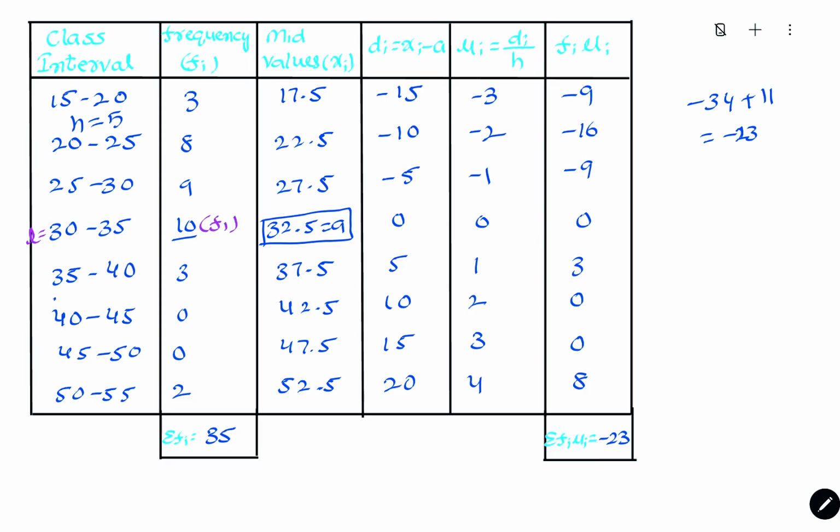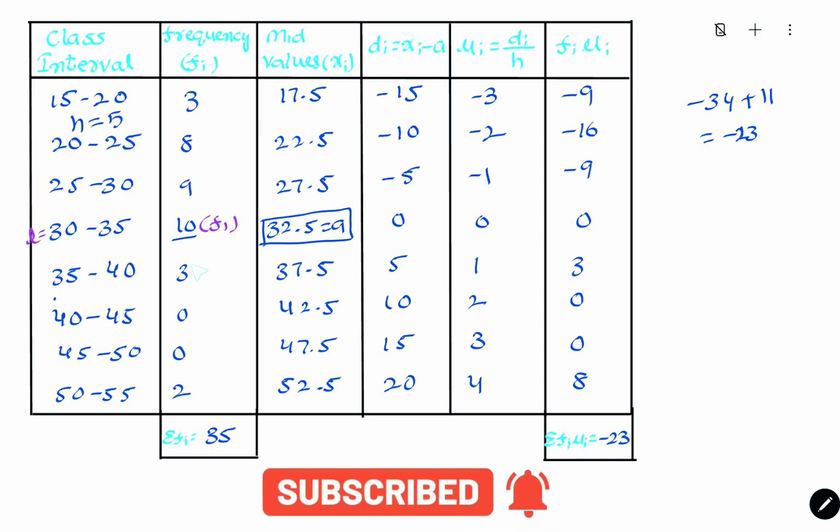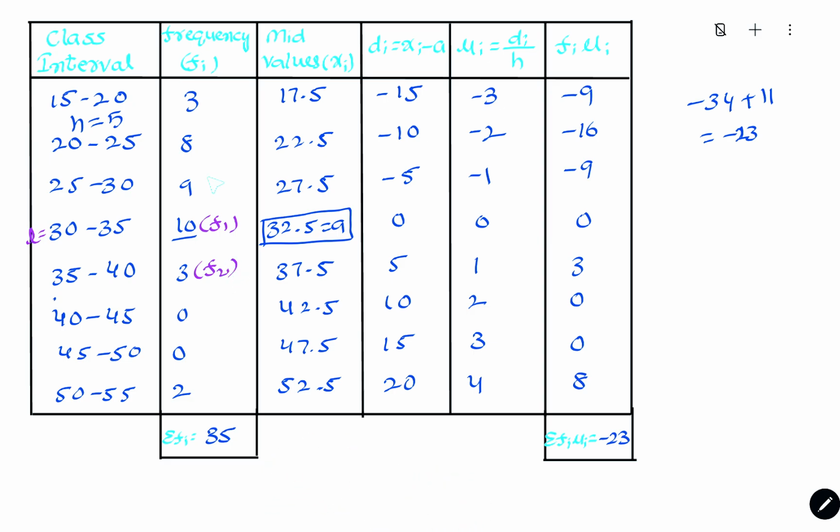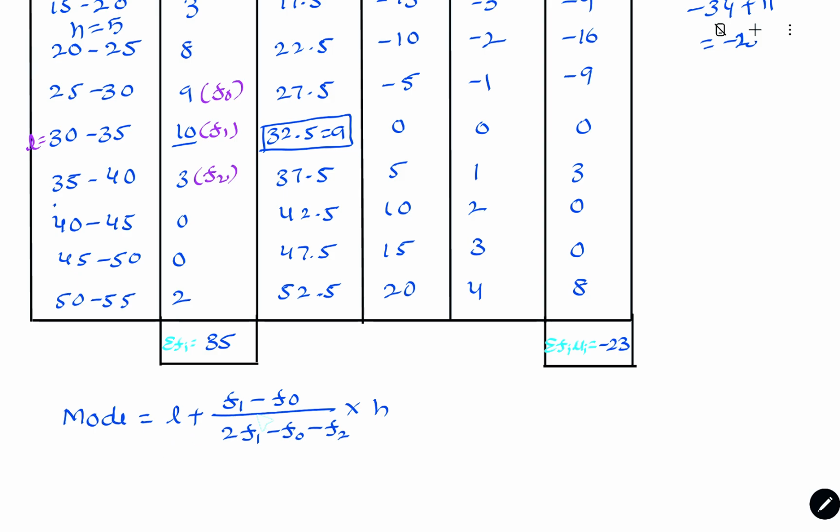Now the succeeding class to the modal class 30 to 35 has frequency 3, just below the f1. This is f2. Now the frequency of the preceding class to the modal class is 9, just above the f1. This is f0. Mode is equal to L plus (f1 minus f0) by (2f1 minus f0 minus f2) into h.